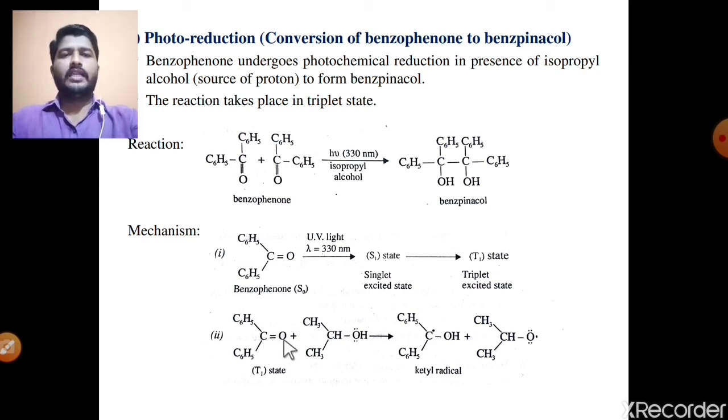It gives a C radical and an O radical, and this O radical of the benzophenone abstracts an H radical from isopropyl alcohol and converts the O radical to OH, and with loss of this H radical, the O of isopropyl alcohol is converted into an O radical, so there is a formation of the first ketyl radical.